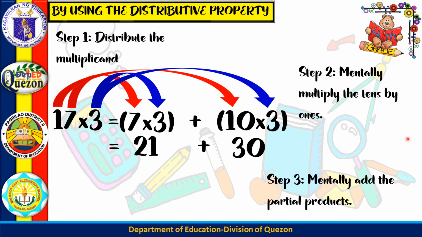What should be the partial products? Here are the partial products. 21 plus 30 is equals to 51. And there you have it. We have the answer: 17 times 3 is equals to 51.